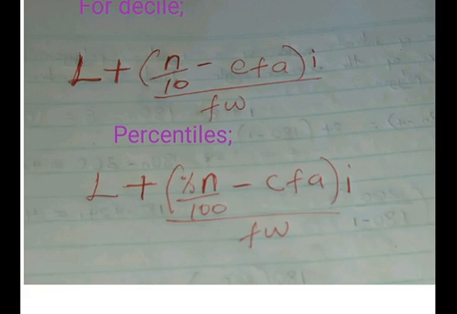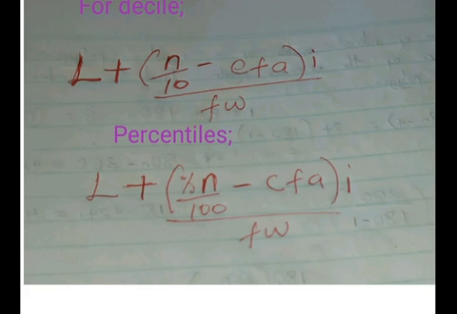That's the difference. Then for percentile, we use the formula: lower class limit plus the percentage given of n over 100, minus cumulative frequency above over frequency within, multiplied by the class interval. Here we'll be given a certain percentage, like we are told to find the 30th percentile, 10th percentile, 15th percentile, or 17th percentile.